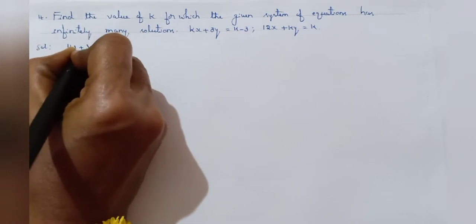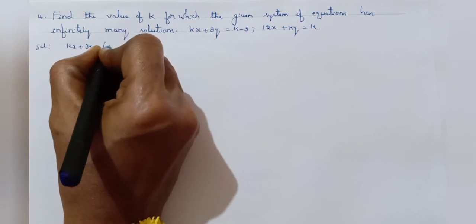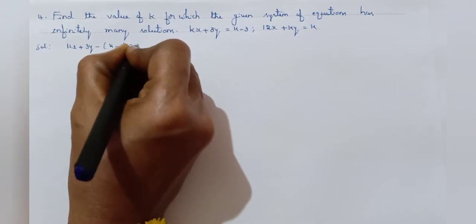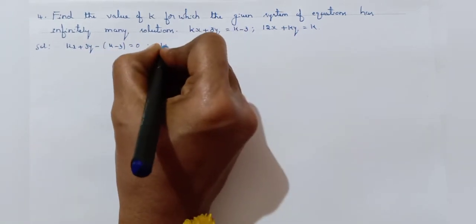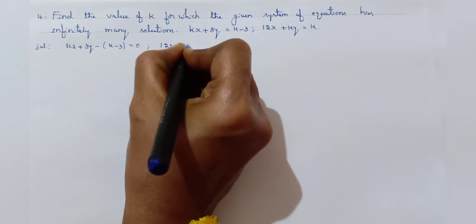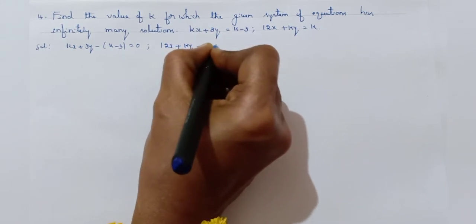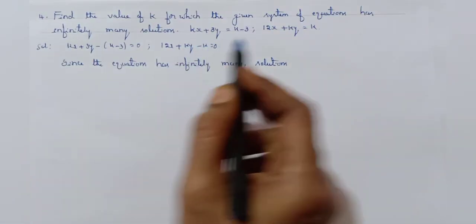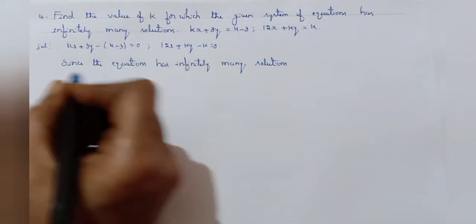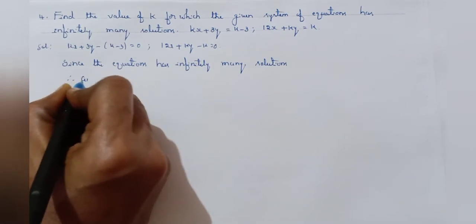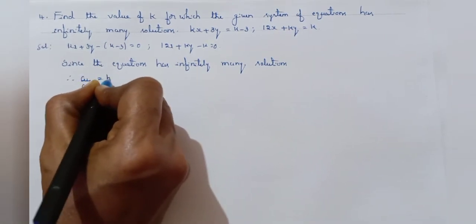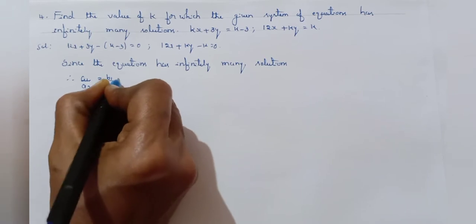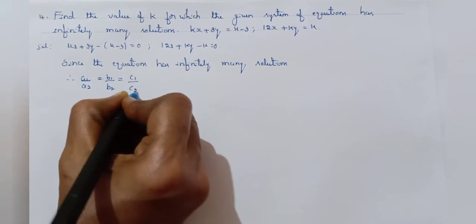Kx plus 3y minus of K minus 3 is equal to 0 and 12x plus Ky minus K is equal to 0. Since the equations have infinitely many solutions, therefore A1 by A2 is equal to B1 by B2 is equal to C1 by C2.